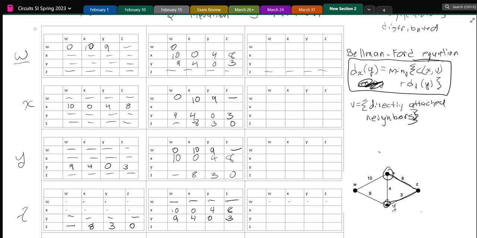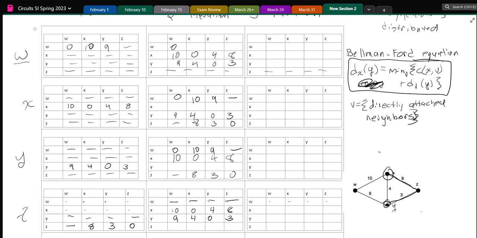Now it's going to look at the other vectors that it has to see what the costs are for the other vectors to get to X. Well, for X to get to X, it's 0, but that doesn't do you any good because it already costs you 10 to get to X, because you're going to have the distance that it costs you to get to that node plus the distance for that node to X.